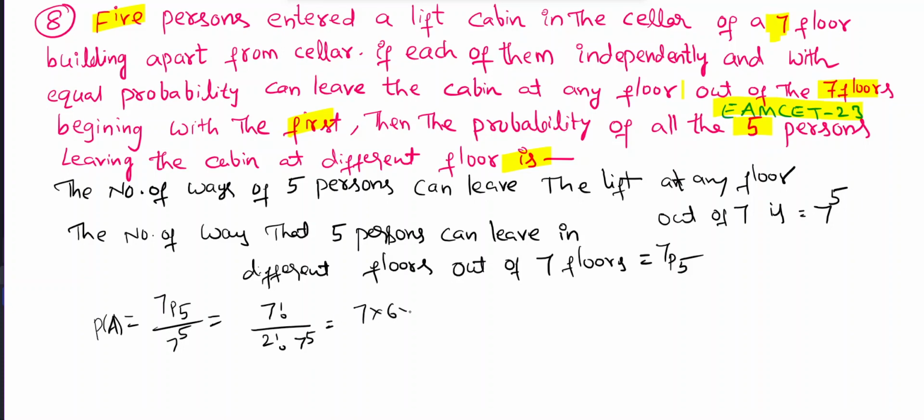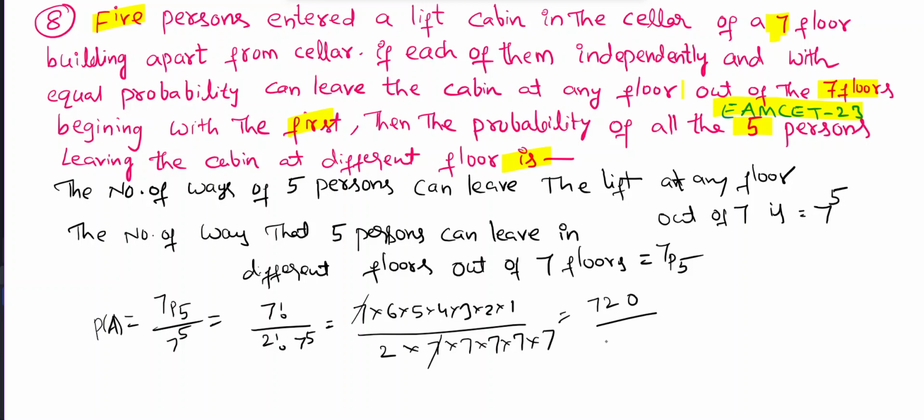This is 7 into 6 into 5 into 4 into 3 into 2 into 1 by 2 factorial, that is 2, into 7 to the power of 5, that is 7 into 7 into 7 into 7 into 7. One 7 cancelled. Here is 6 factorial, that is 720. 5 factorial is 120, 6 factorial is 120 into 6. This is 720 by 2 into 7 power 4.